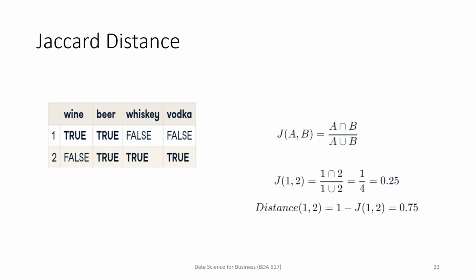It's 1 out of that. If that is the case, that is our similarity, how similar they are. We remember that we said that distance is equal to 1 minus similarity. So if the similarity is 0.25, then the distance between 1 and 2 is 1 minus 0.25, which is 0.75.